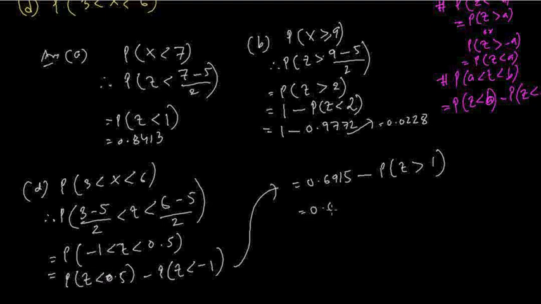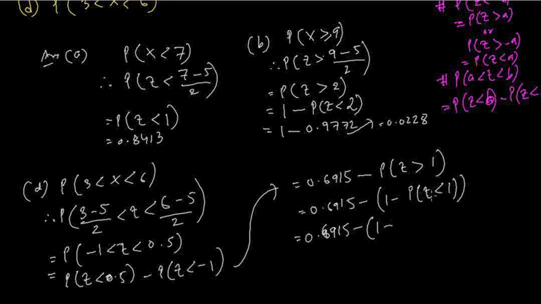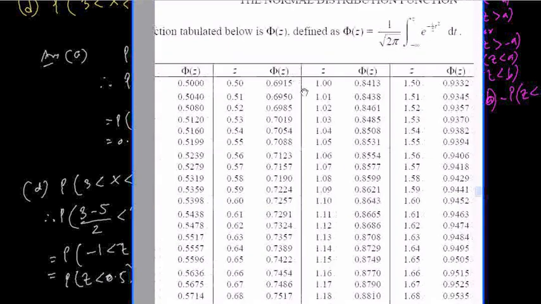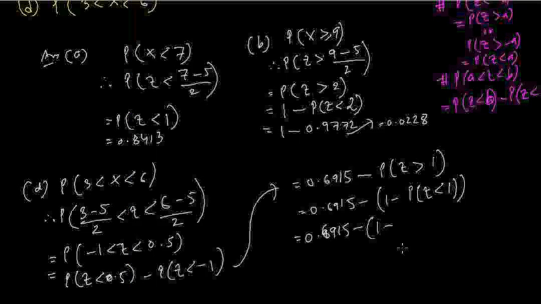So 0.6915 minus 1 minus the probability of z is less than 1. We can just directly do this geometric concept here. So z is less than 1, we can look up the table. So 1 means z is less than or equal to 1.00, which is 0.8413.